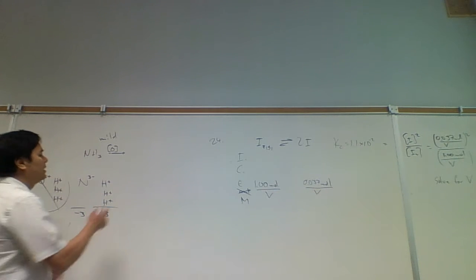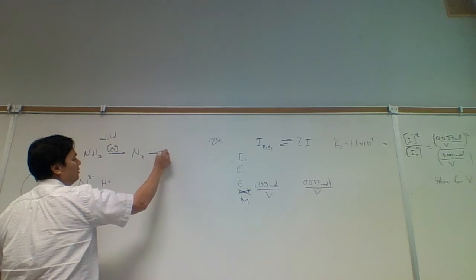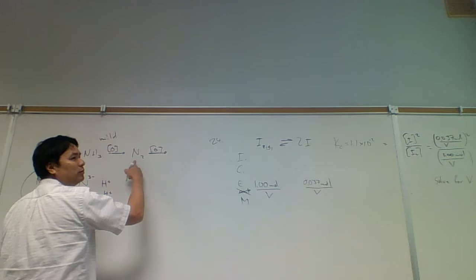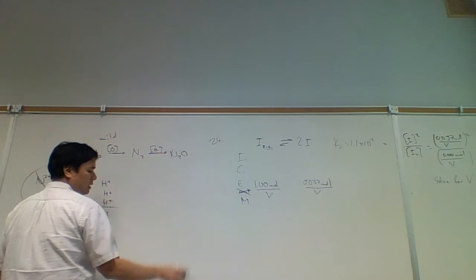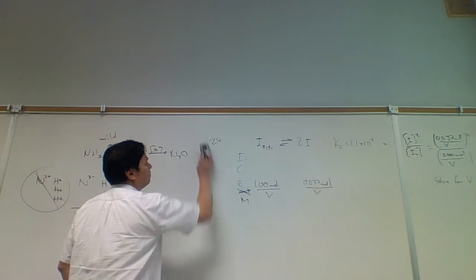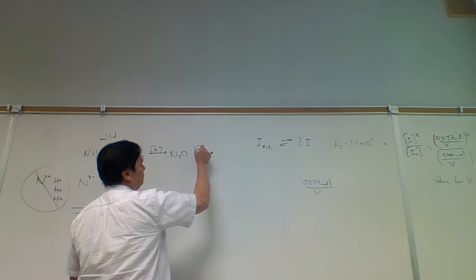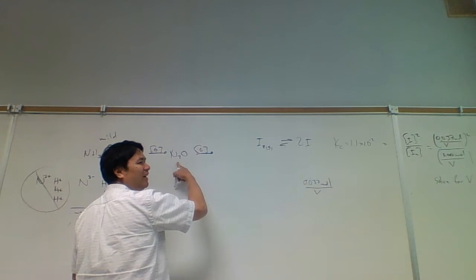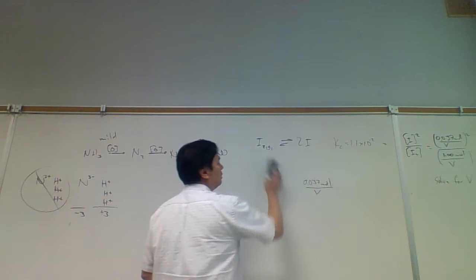Well, if we mildly oxidize it, we'll go to N2. So we go from -3 to 0. And then if we oxidize it further, we'll go from 0 to +1. In nitrous oxide, nitrogen is +1. If we oxidize it further, we'll go from nitrous oxide to NO, which is +2.